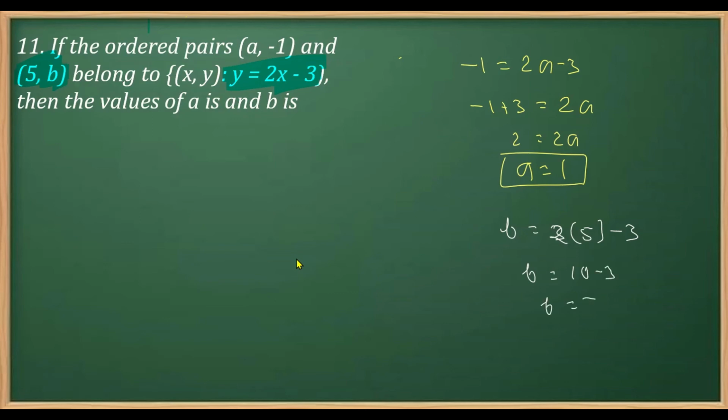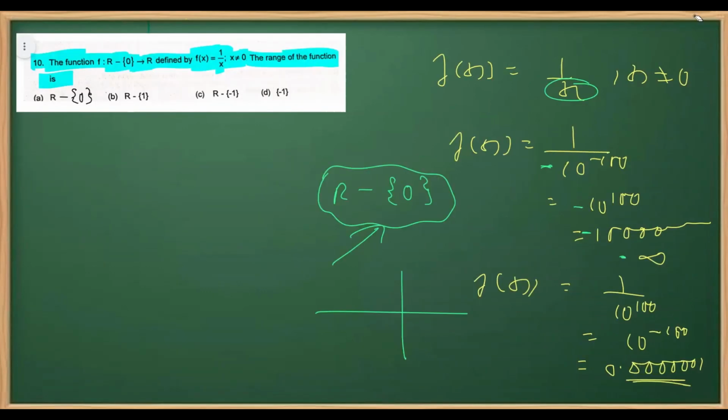So b comes out to be how much? 7. So the value of b here is 7, and a will be as before. So this is how it can be done.